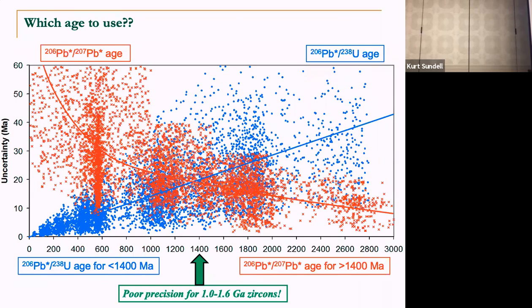At older ages, the opposite is true. The 206/207 age is much better. And then we've got this area, which just makes all geochronologists quite sad, where we don't really do super well on either. So for young ages less than 1.4 billion, we're going to use the 206/238. For old ages older than 1.4 billion, we're going to use the 206/207. And we'll talk about this cluster a bit more in a few slides here.